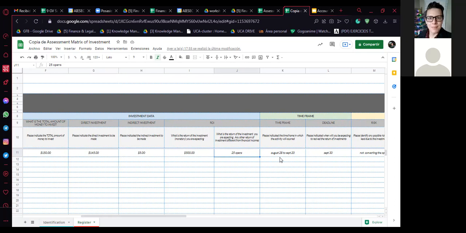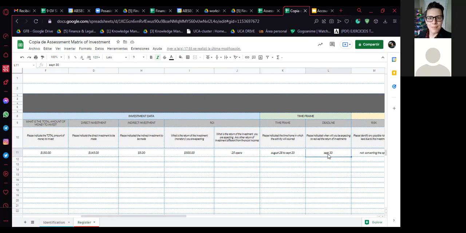The time frame is just when are you going to invest it? What is the plan of the ads? Okay, it's from August 28 to September 20. Then there you have your time frame.